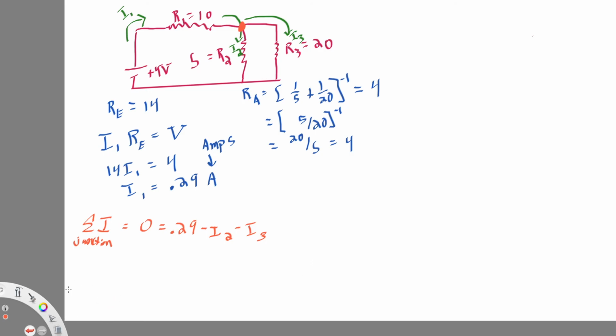And the other piece of information we're going to use, we have some choices, but I would say probably our best bet is to use the other Kirchhoff rule, right? So the sum of voltages around a loop should also be 0. And we can pick whichever loop we want. For our purposes here, I'm going to choose the loop that starts at the battery, goes over R1 using I1, and then I2 over R2, and then back to the battery.